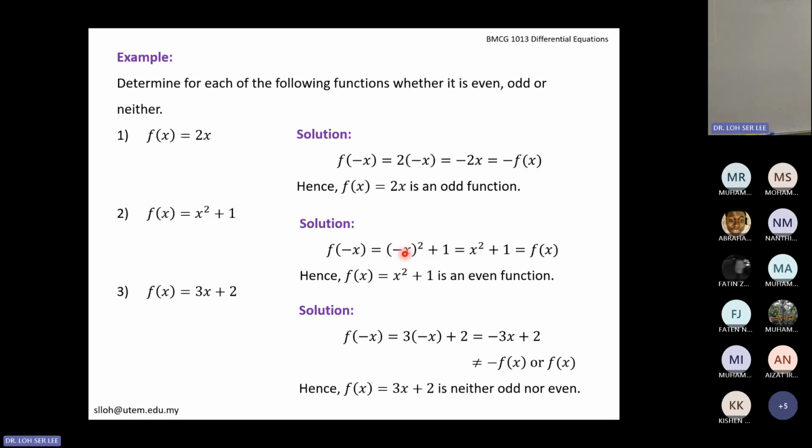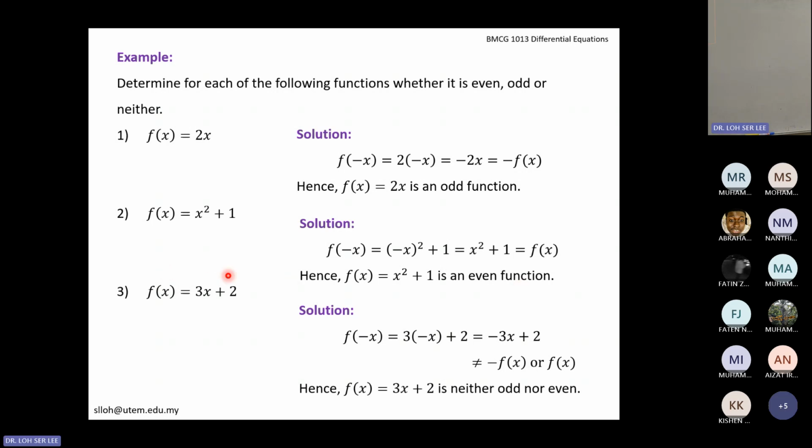When you square this, you get positive. Negative 1 squared is positive 1. So that's why you get x squared and then plus 1. And this x squared plus 1 is your fx. When the output is fx, that means even function.